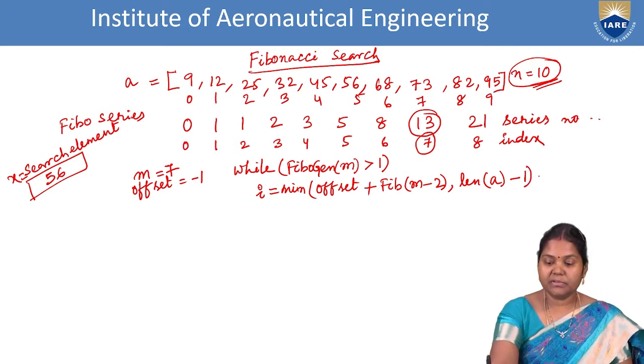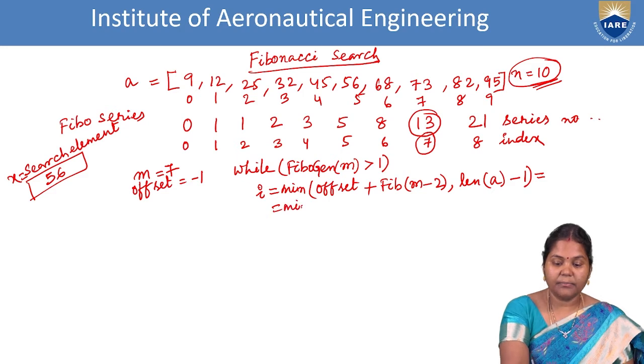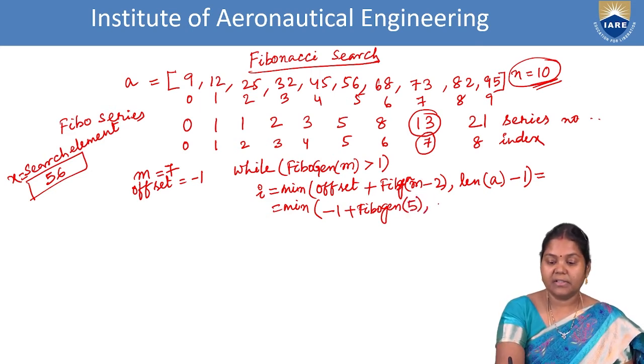So, according to this formula, the minimum of offset, which is minus 1 initially, plus Fibo of M minus 2, which is Fibo generator of M minus 2, that is 5, comma, length of the list 10 minus 1, which is 9.